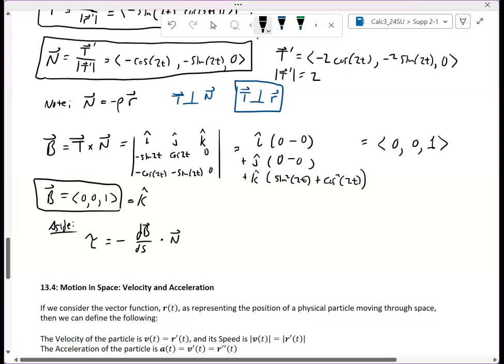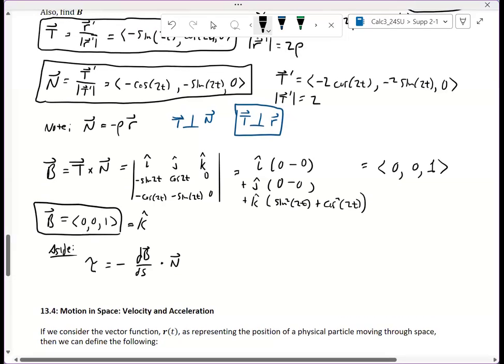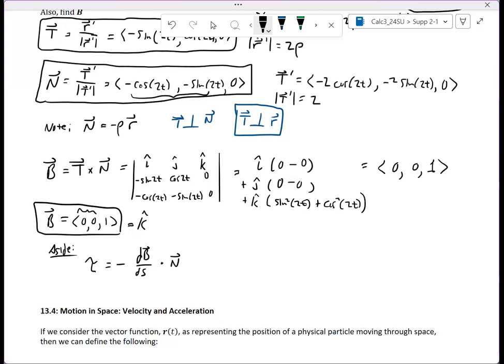It's dB/ds dot n, the unit normal vector. And we can clearly see that dB/ds is going to be 0, but also if we dotted even just b against n, we see that anywhere there's a non-zero component for n, there's a 0 for b and vice versa. So we can immediately see that this is just going to be 0.